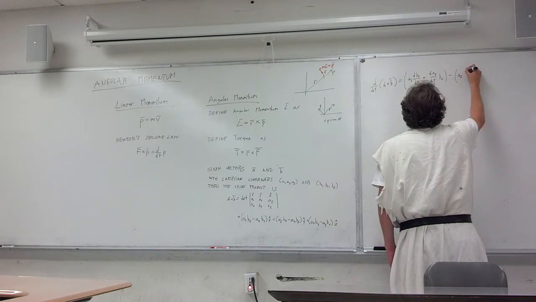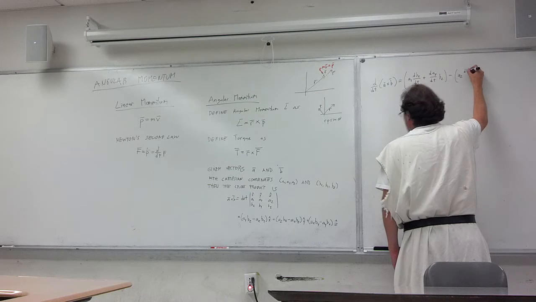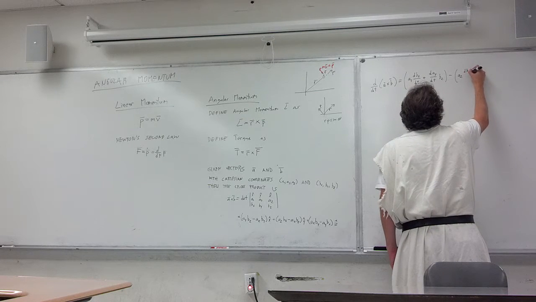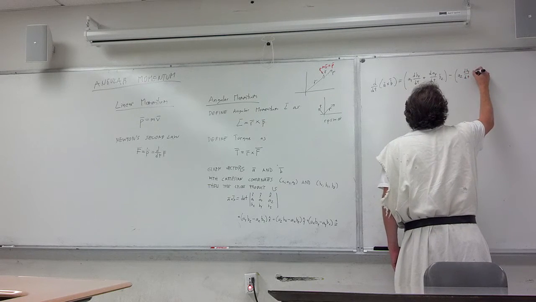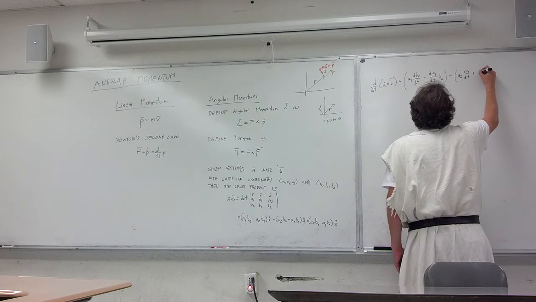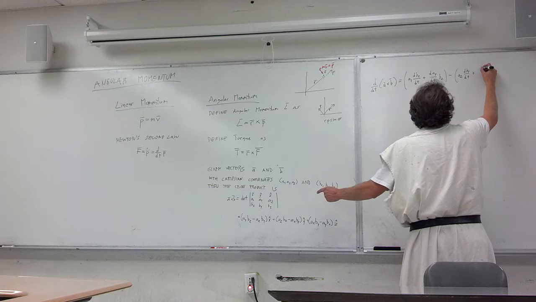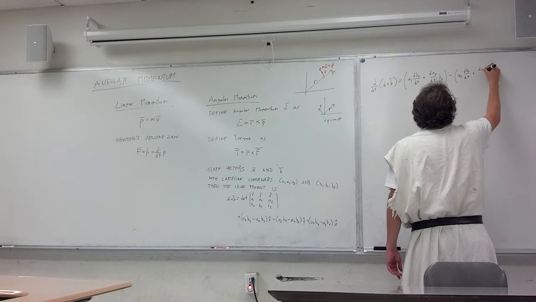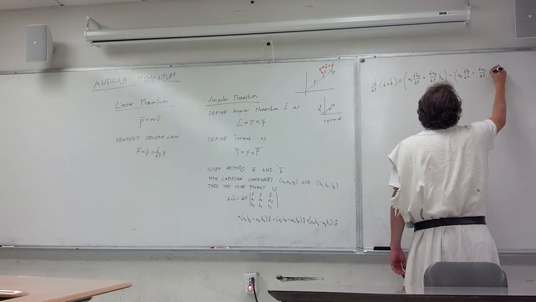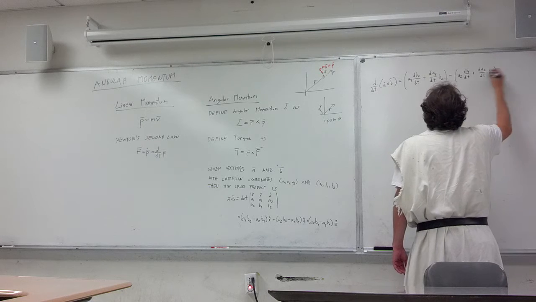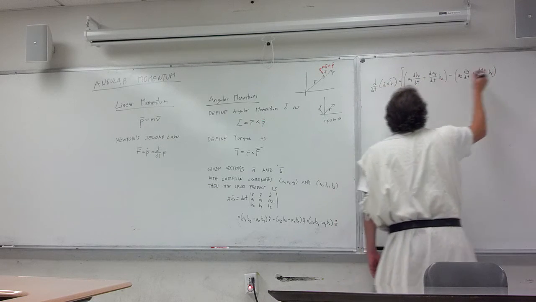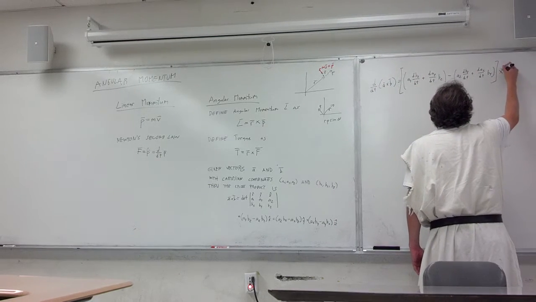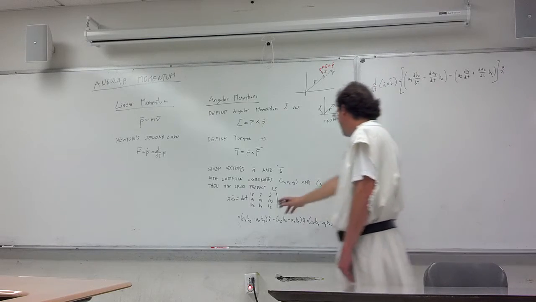It's going to be AZ times the derivative of BY, and so on. Hopefully. I'm going to take some time to go through all this. We got the derivative of AZ times BY, and this whole thing is the x component here.